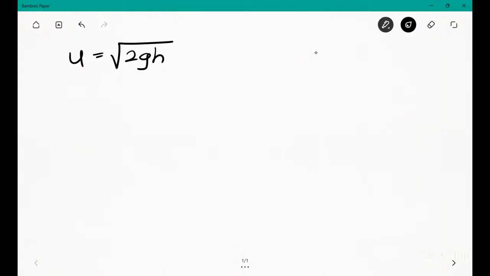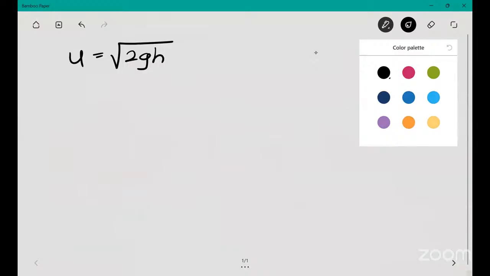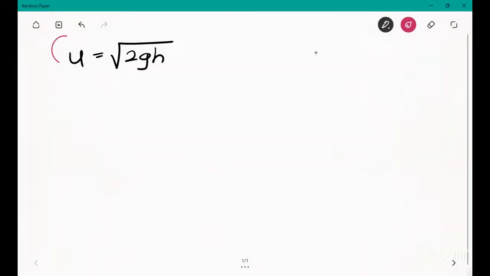When you see a root, the first thing you have to do is square both sides to cancel the root. So if I square both sides, the root gets cancelled and you have the values in itself.